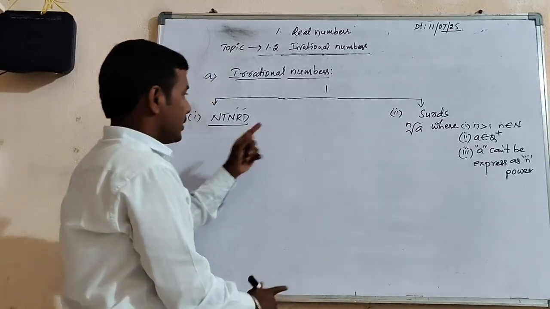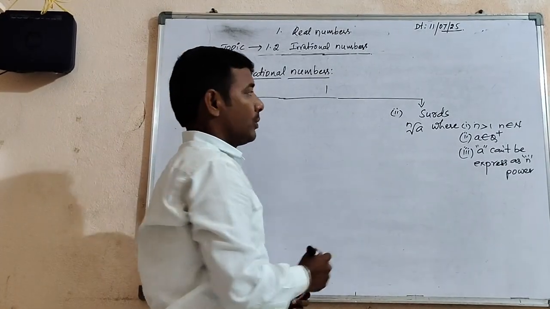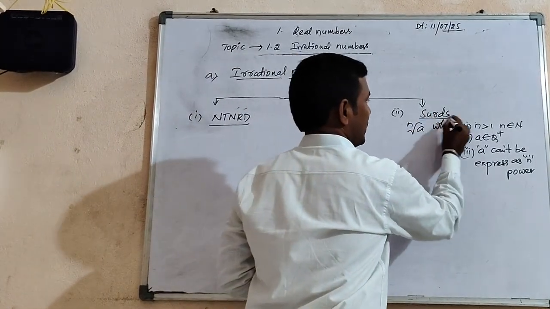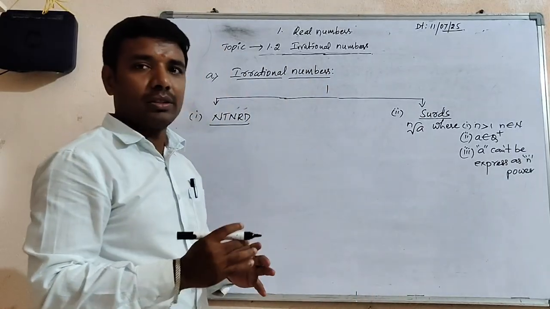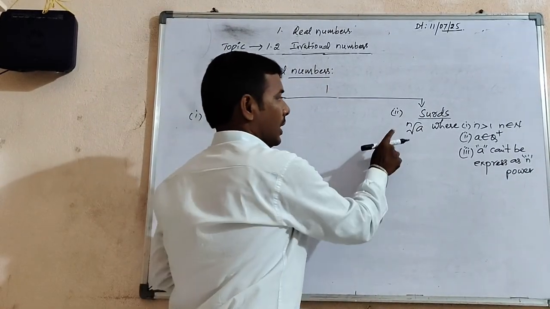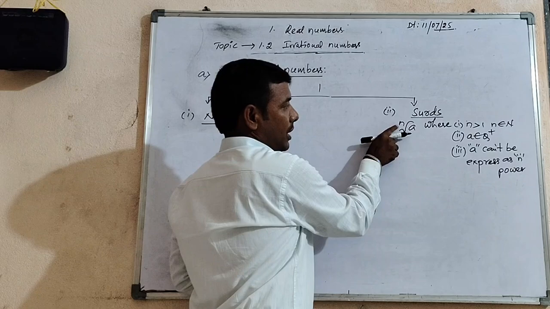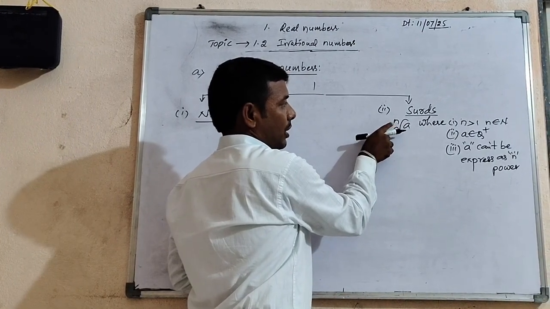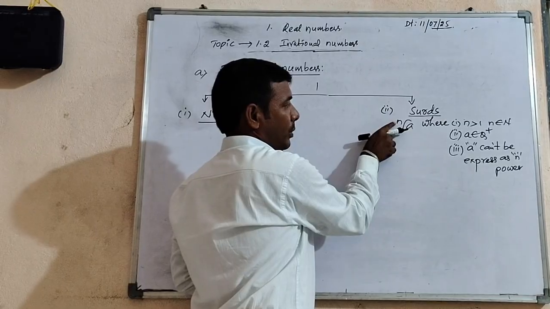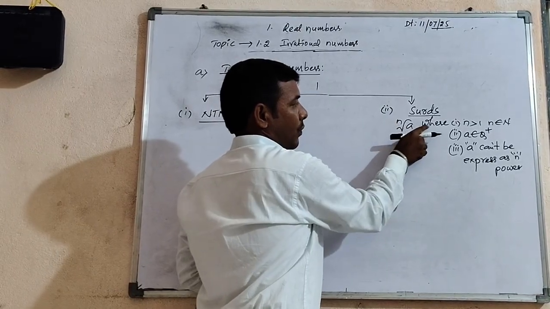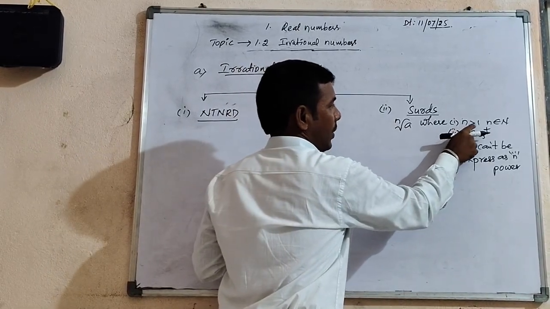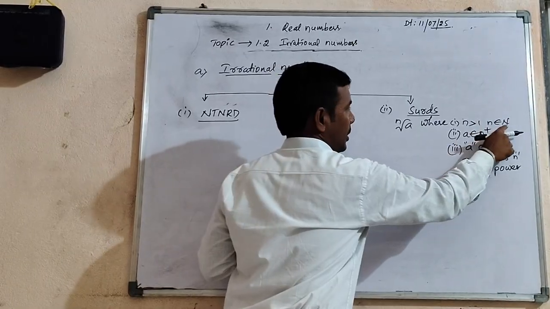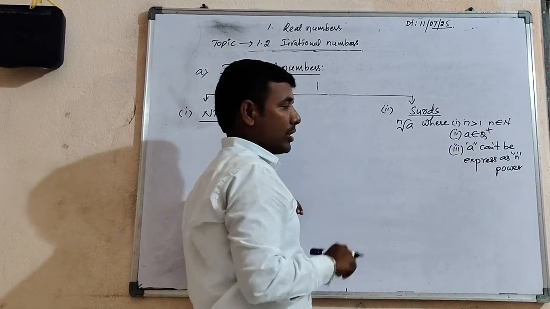Next is the second Roman number. What is the second Roman number? Surds. What is actually a surd? A surd is nothing but a number which is written in the form of nth root of a. The numbers in the form of nth root of a, where the n value is greater than 1, it belongs to natural numbers. That is the first condition.